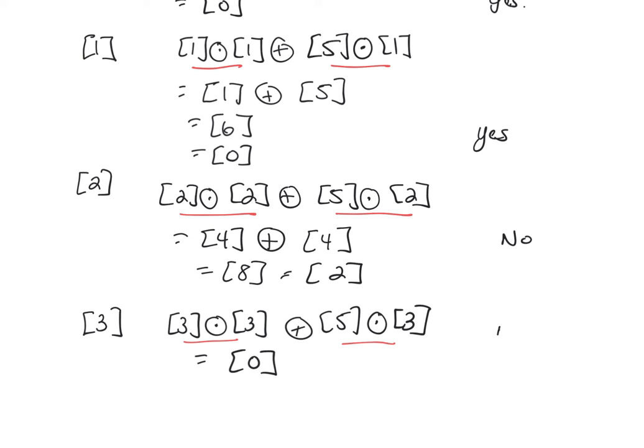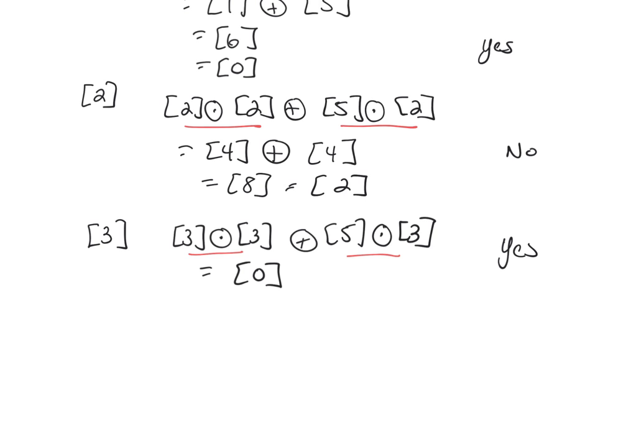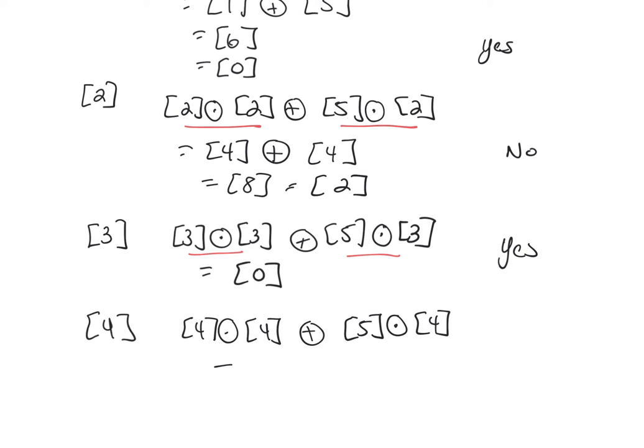You should get 0, so this will be a solution. If you do 4, for 4 times 4 plus 5 times 4, you should get 0, so it's also going to be a solution.